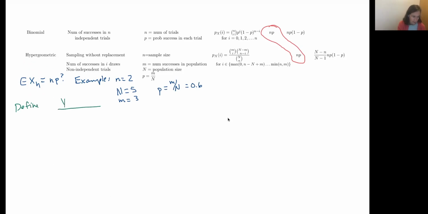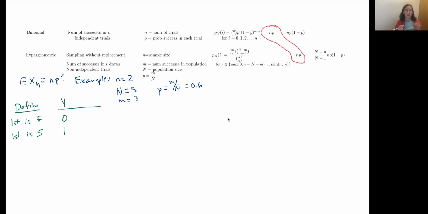Y such that Y equals 0 if the first draw from the population is a fail, and Y equals 1 if the first draw is a success.